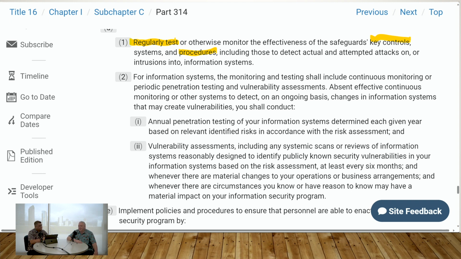Correct. This is going to be covering your physical controls as well as your information controls, and of course there are caveats to that as far as if you have 5,000 customers or less. You don't have to test the controls as much. But for an effective security program, you really do have to test on a regular basis.